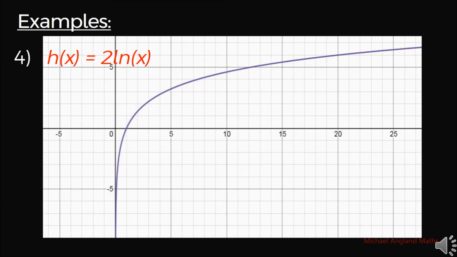the value of h of x will rise up, eventually crossing the x-axis, and that occurs when x is equal to 1. So log of 1 is 0, and as x gets greater and greater, natural log of x increases, but at a much slower rate.